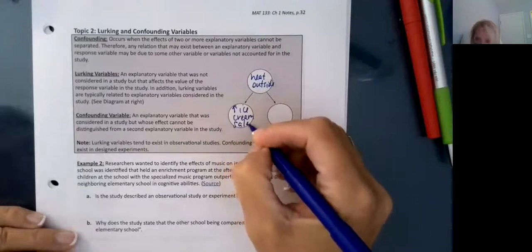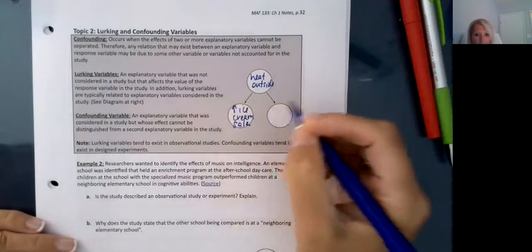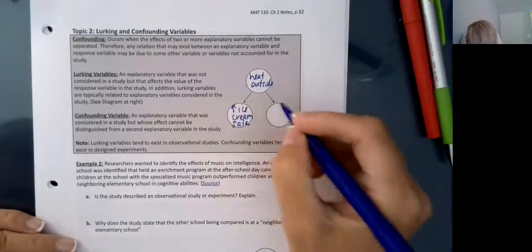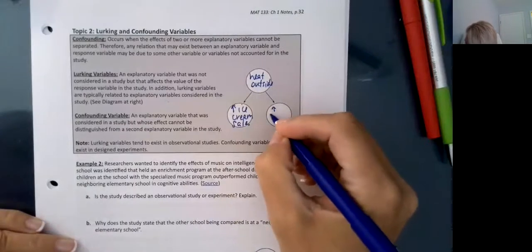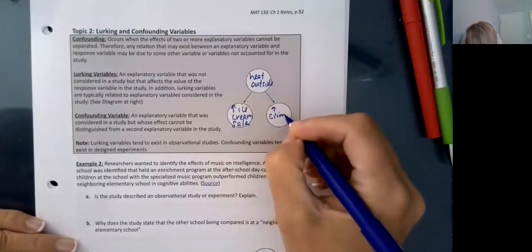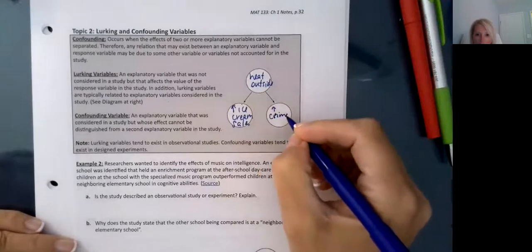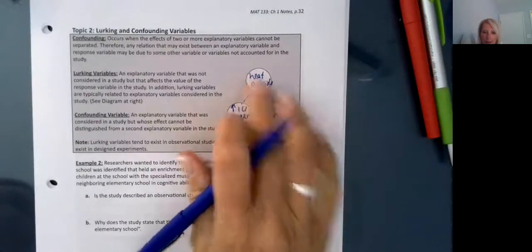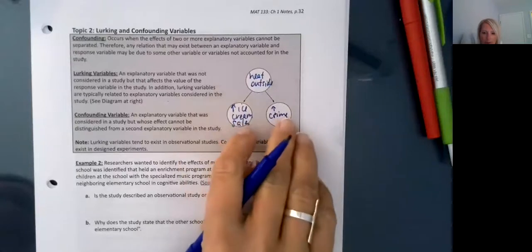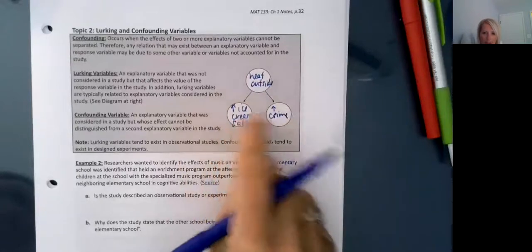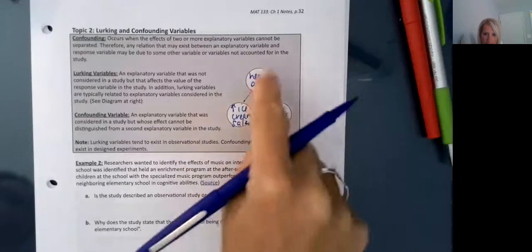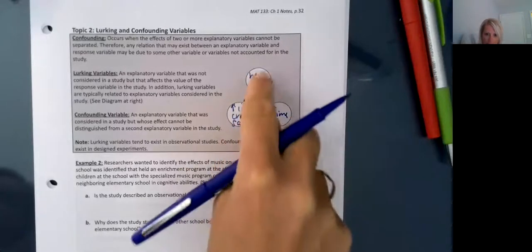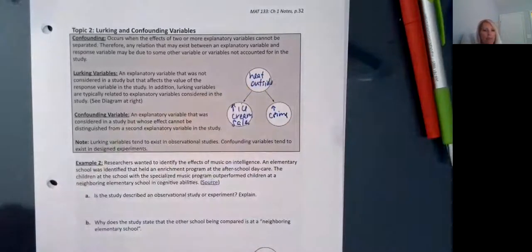Summertime, springtime, people love to go get ice cream. When it's hot outside, it's also well known that crime increases, okay? Because when the heat goes up, these both increase. Sometimes there's a joke that ice cream sales cause crime, but we know that that's not true. It's just they're both related to the heat outside.